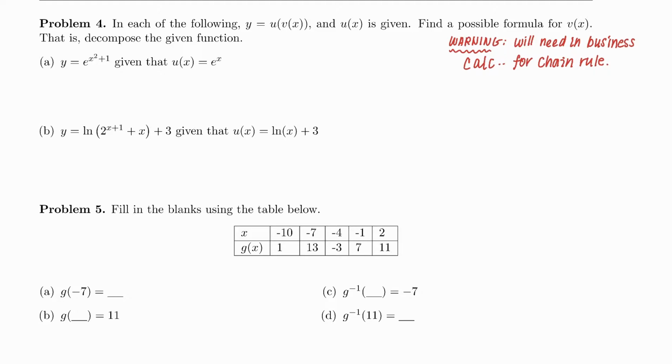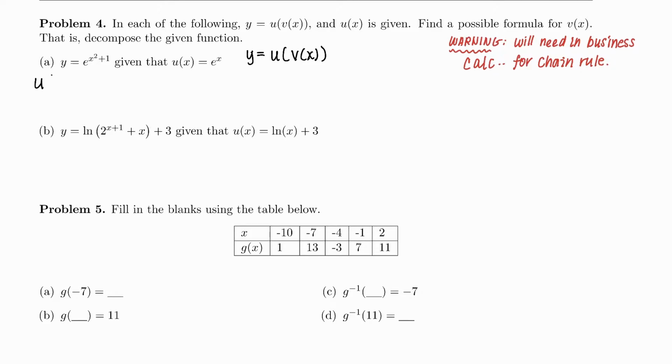Okay, so y is equal to e to the x squared plus 1, and u of x is e to the x. So we're given that y is equal to u of v of x. Okay, so I want to find something that I can put inside of u of x.